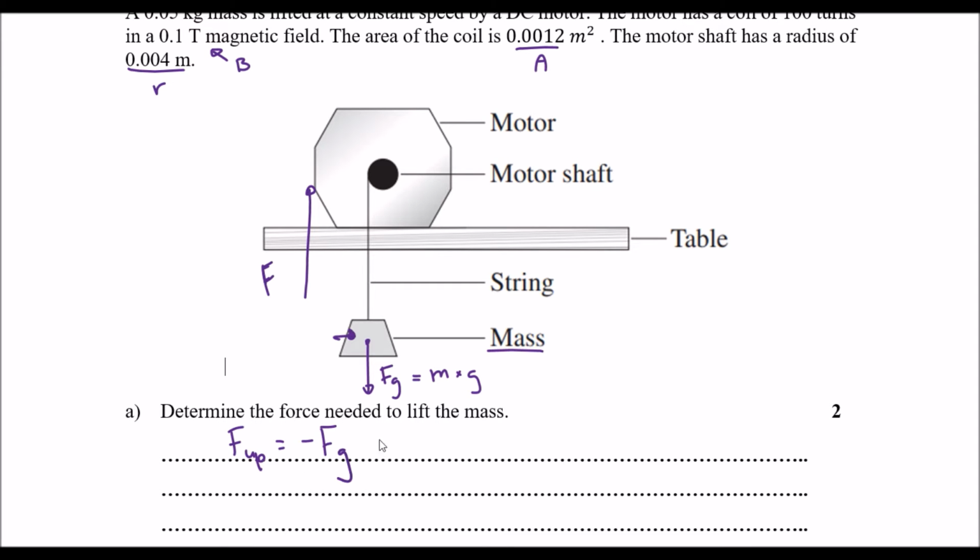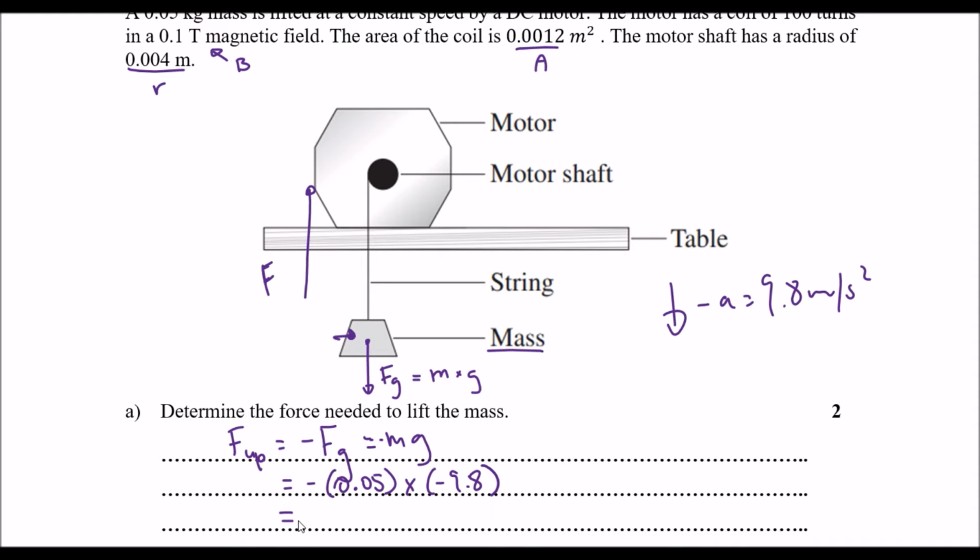So if our gravitational force is, in this case, we had that the mass was 0.05 kilograms times, assuming that the acceleration due to gravity is a negative value, negative 9.8.